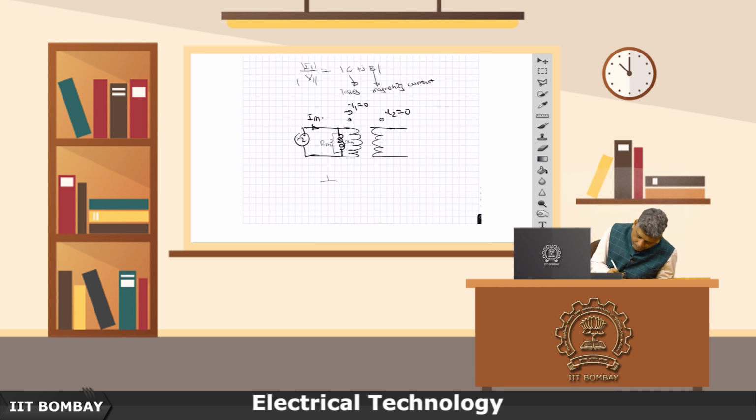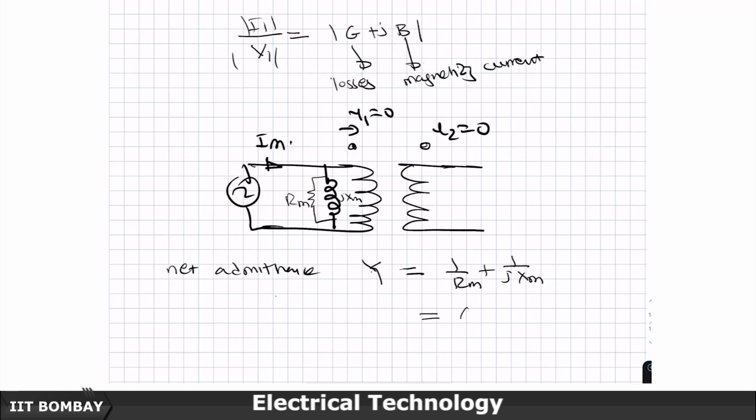If I write it in parallel, then the reciprocal of the net impedance, which is the net admittance Y, is 1 by Rm plus 1 by jXm, which is Gm minus jBm.